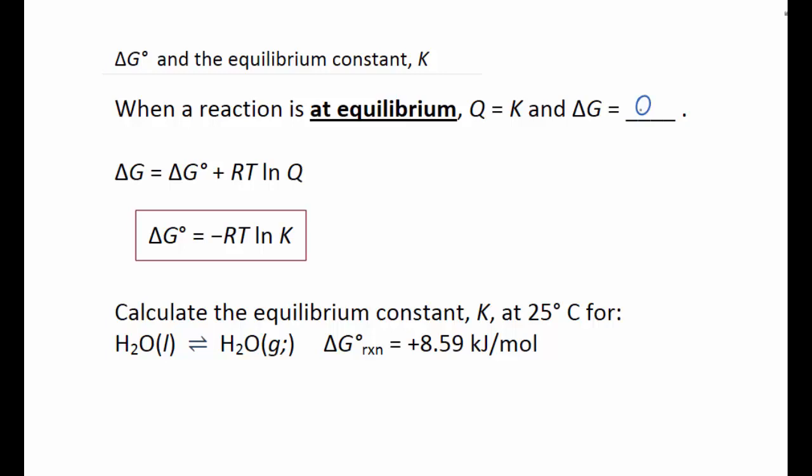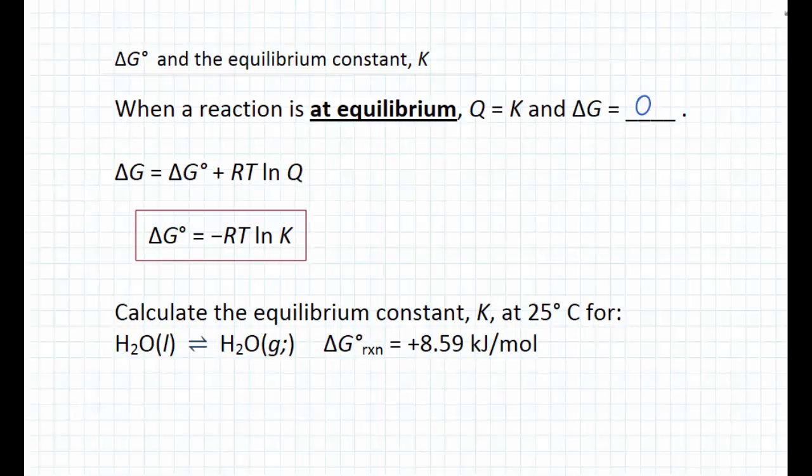So, take a look at how this works. Delta G is 0 when Q is equal to K. So that actually gives us a much more interesting equation here.